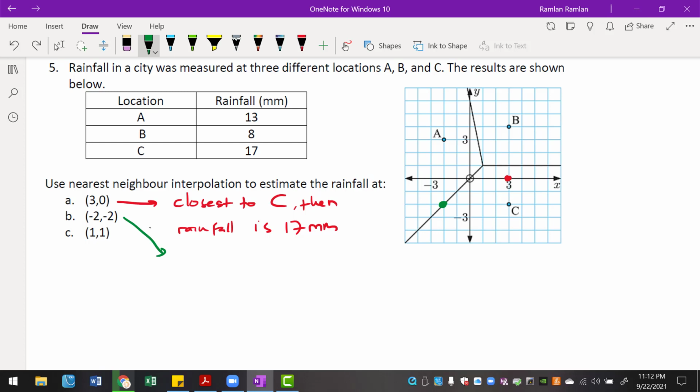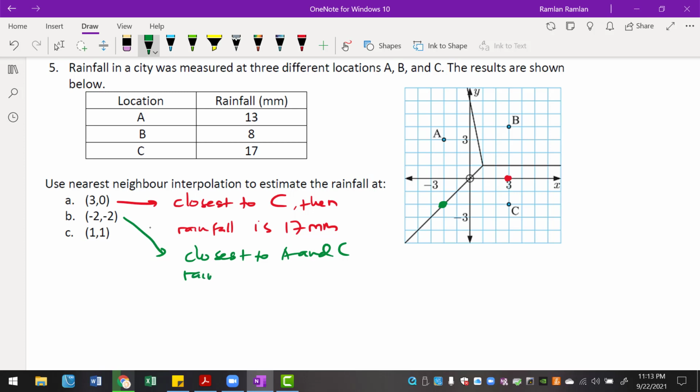So I can connect this with C, and I also can connect that with A. So we're not going to use just C or just A, but both of them, because the point that we have here has the same exact distance to A and also to C. So it's closest to A and C.